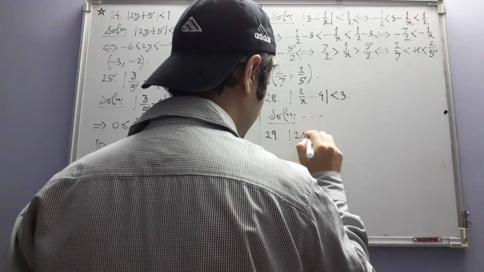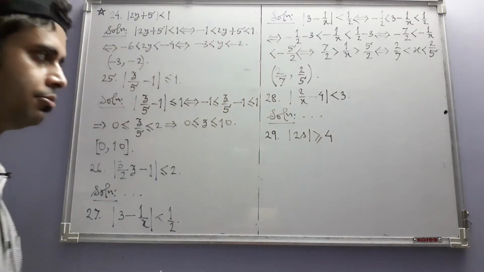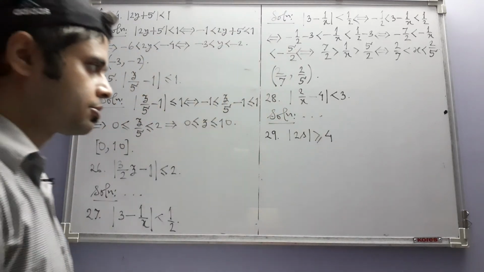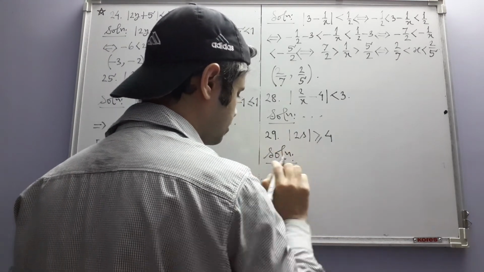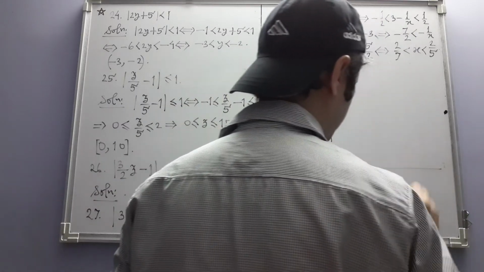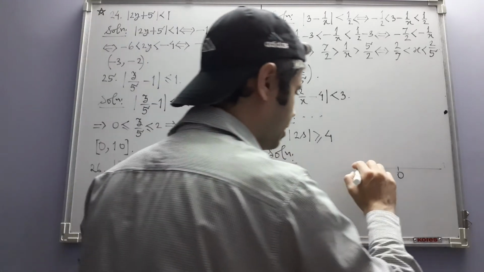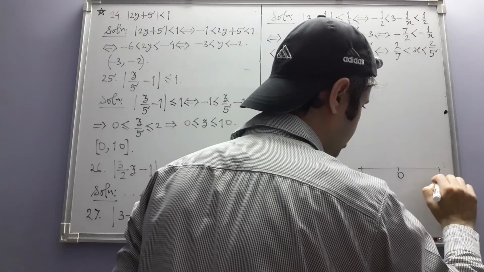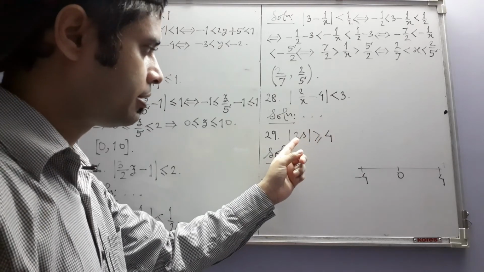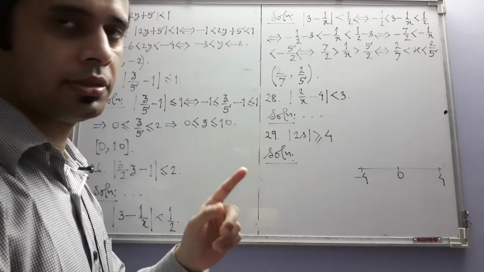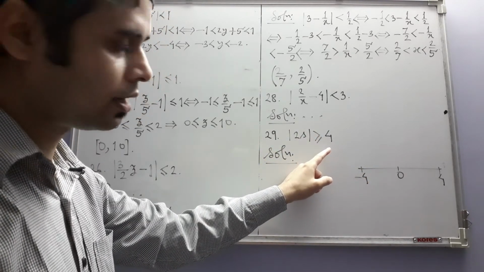Okay, now again we have got something new. We don't have less than or equal to, we have greater than or equal to. So here this also we have seen in the text, but let's just recall what we saw. This is the real number 0 and we have say minus 4 here and 4 here. What this inequality is telling us is that the distance of the real number 2s from 0 is either equal to 4 or greater than 4.